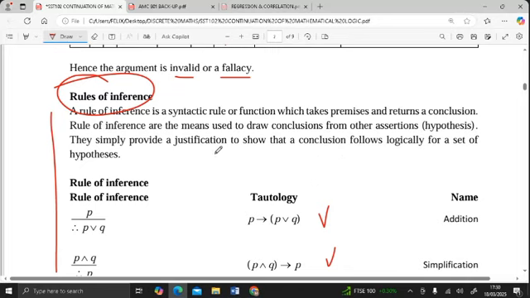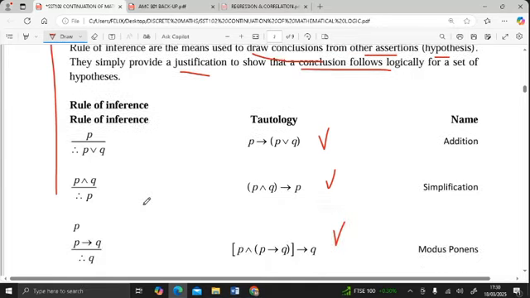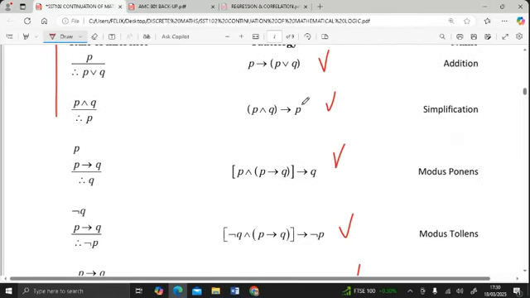So we see that these rules of inference are the ones that help us also to make conclusions about the validity of arguments. They are used to draw conclusions from other assertions or hypotheses. They simply provide a justification to show that a conclusion follows logically.